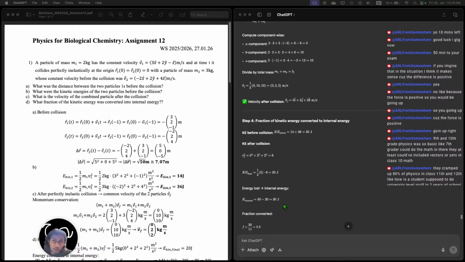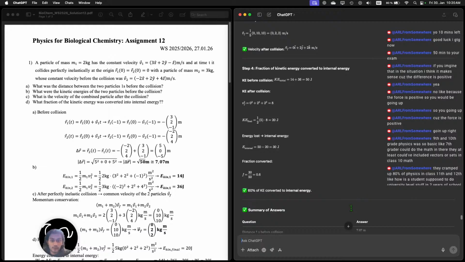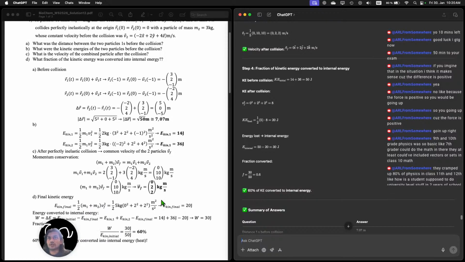That is the energy lost, or internal energy, 30 joules, and that internal energy divided by the initial total kinetic energy is what's converted to internal energy, the percentage of which is converted to internal energy.